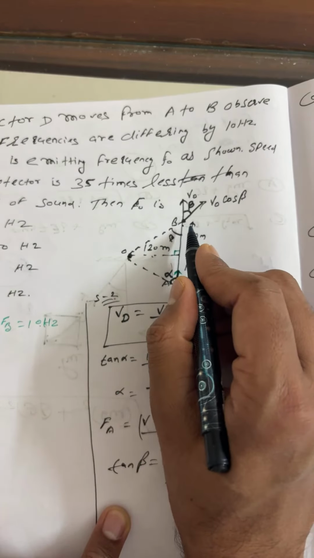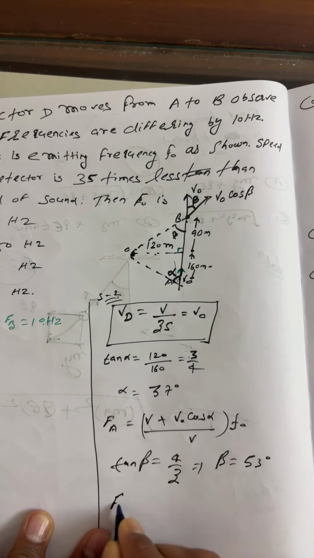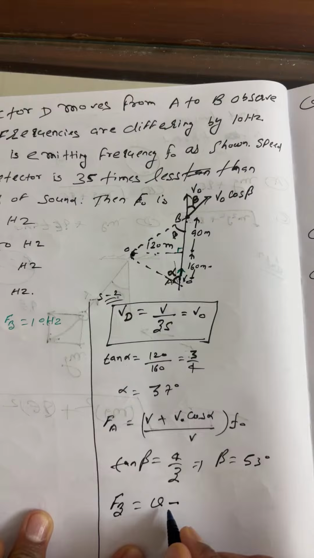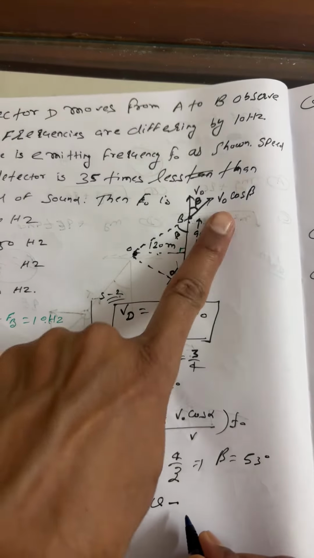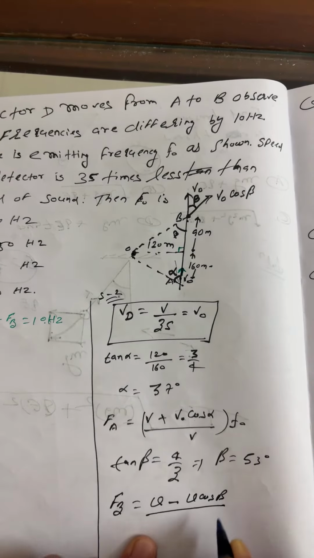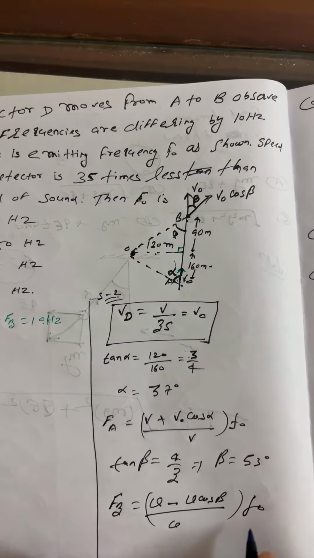Both are in the same direction, so we do subtraction only. Then FB equals V minus V naught cos beta, upon V, into F naught.